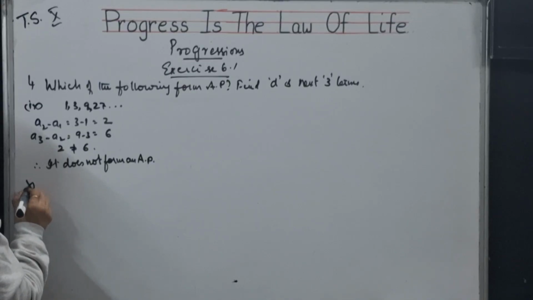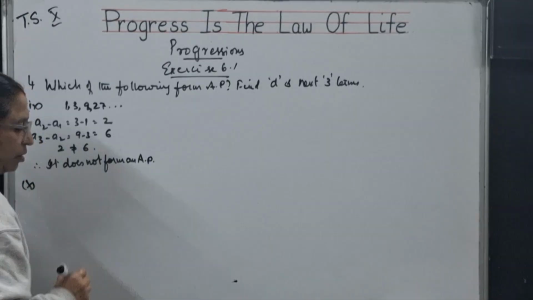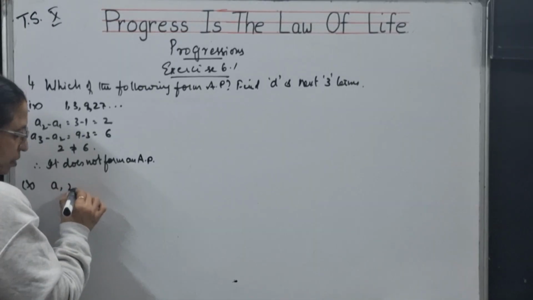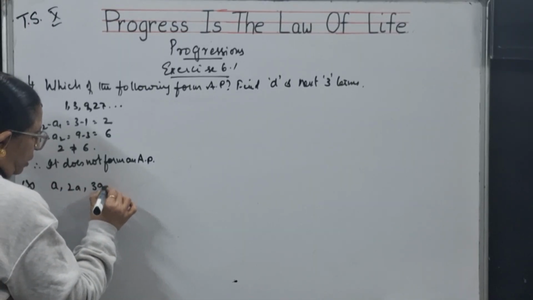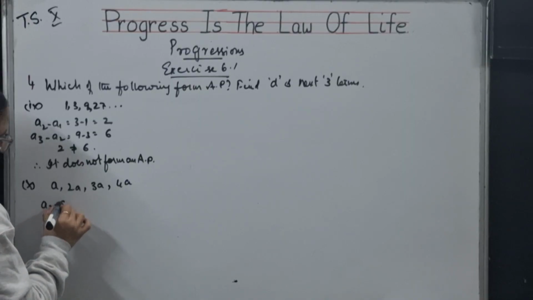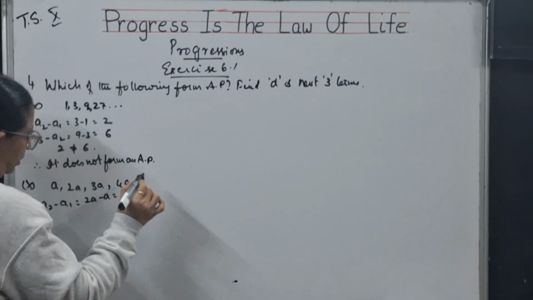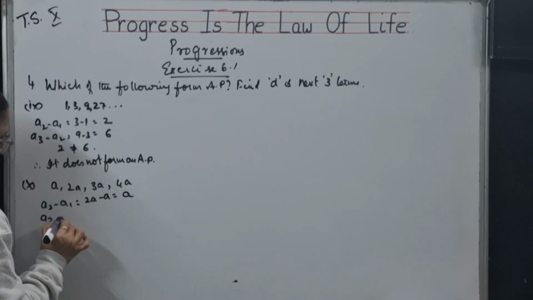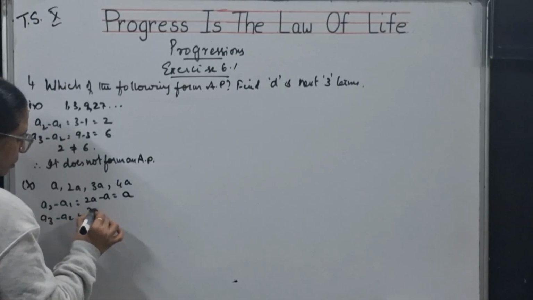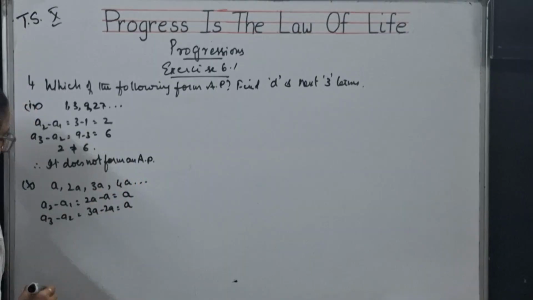Let me go for 10th bit. 10th bit is a, 2a, 3a, 4a. So a2 minus a1 is 2a minus a, that is a. a3 minus a2, 3a minus 2a, that is a. This is so on it is.